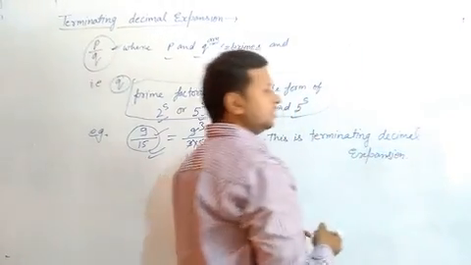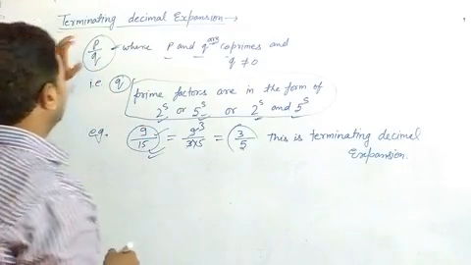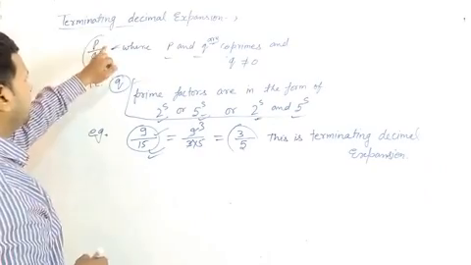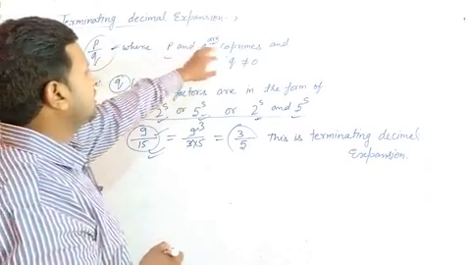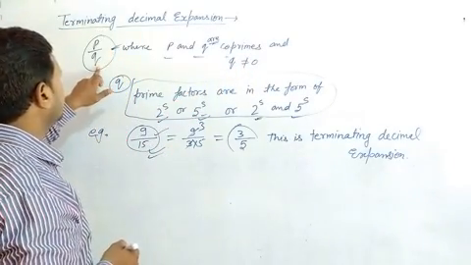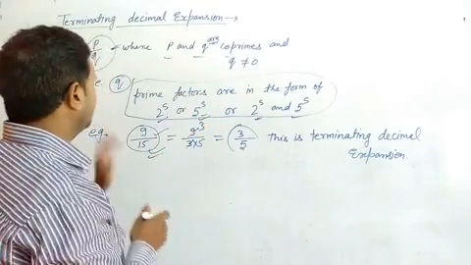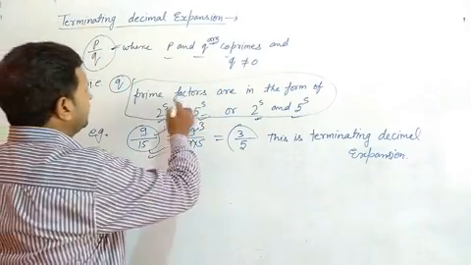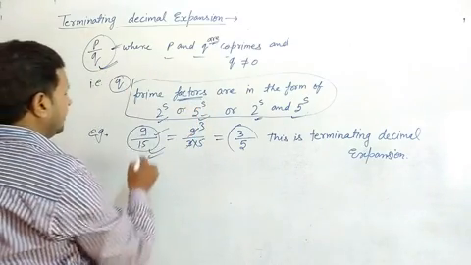Okay, it's right. So in this way we can say that if given number is in the form of rational number, means P upon Q, where P and Q are co-primes and Q does not equal to 0, means denominator should not be equal to 0, then we factorize first of all our denominator like this.